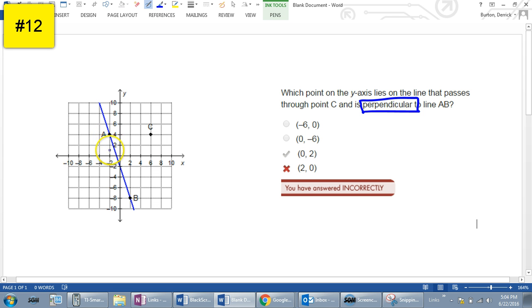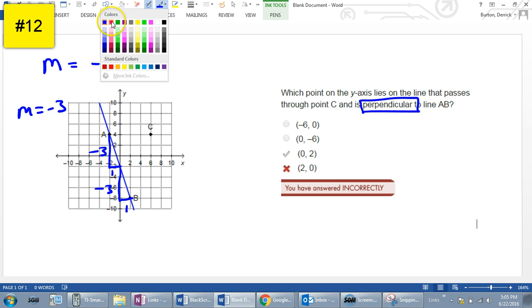It's going down and over, down and over. Okay, so it's going down 3 and over 1. Down 3 over 1. So that original slope is -3/1, or I could have just said -3.